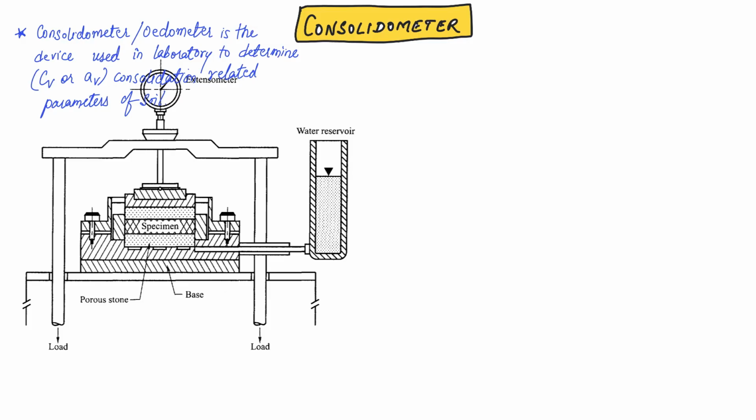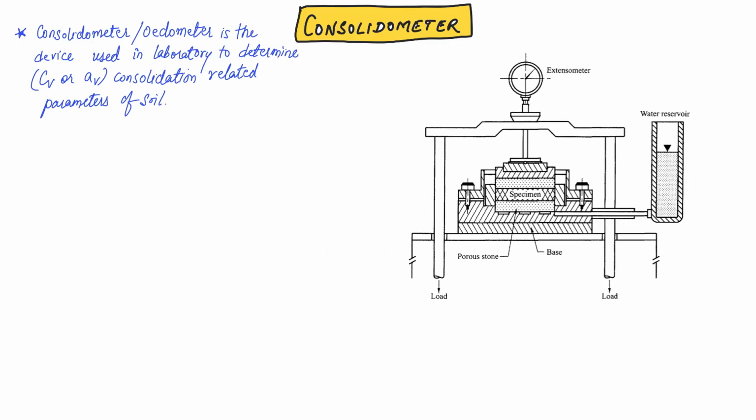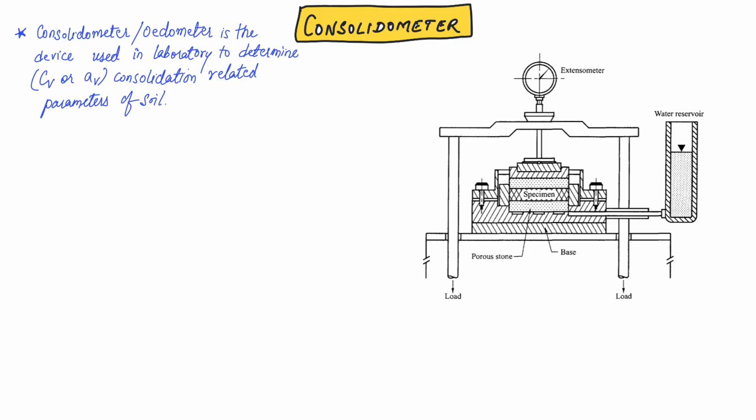And here you can see the diagram of the same. Here you can see that this is the soil specimen at the center, whereas this soil specimen is now bounded, or sandwiched, by the porous stone from both bottom as well as from the top.